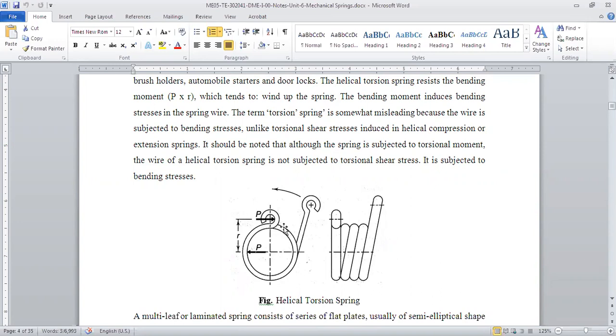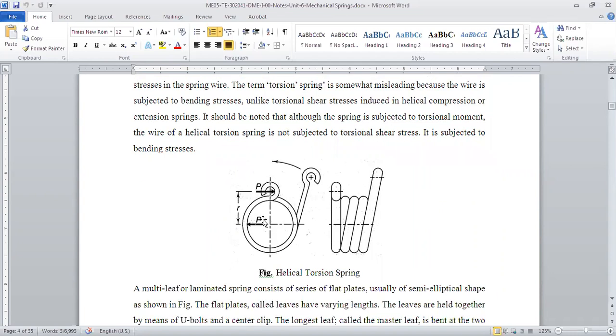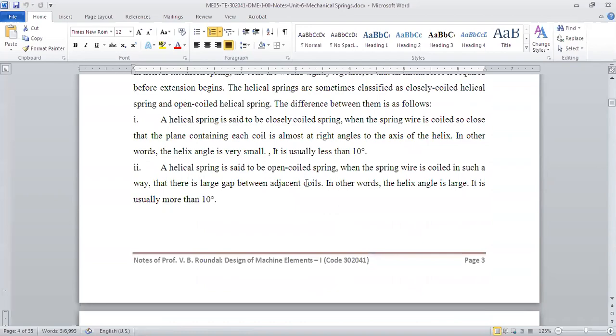But the stresses developed in the spring, assume it's a long beam. If you put a load and moment on it, it will have a bending action, and so there will be shear because of the bending, right? So bending stresses will be developed in the torsional spring. So torsional springs have bending stresses, helical springs have torsional stresses.